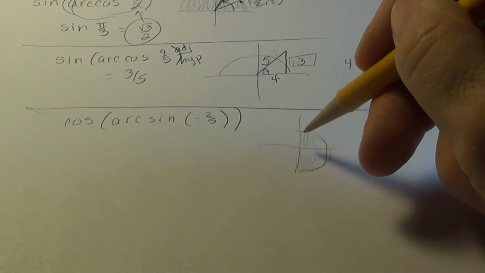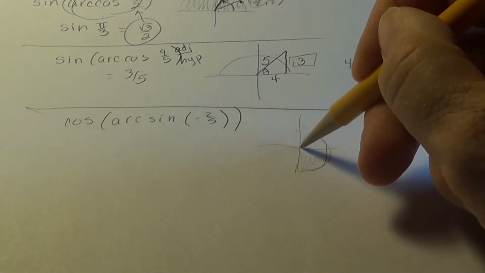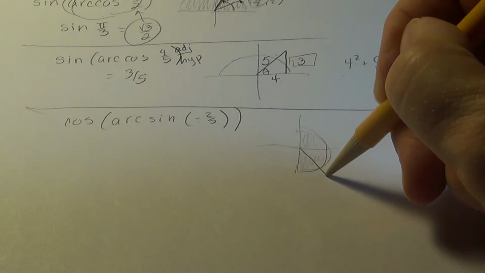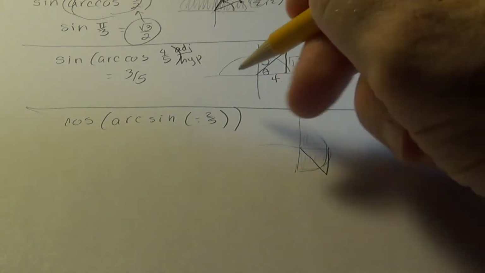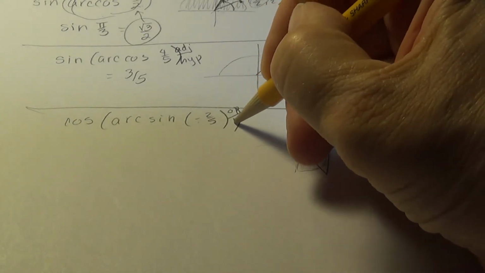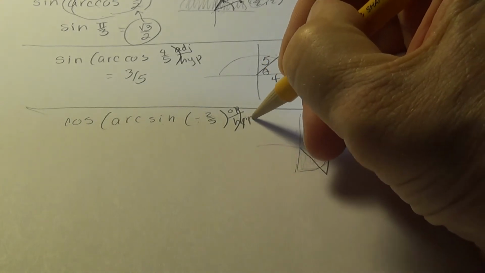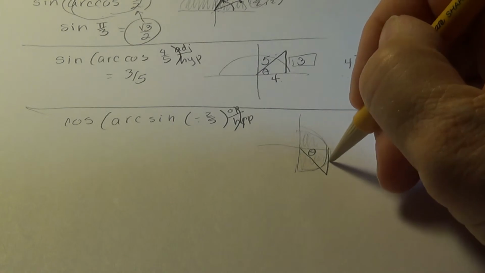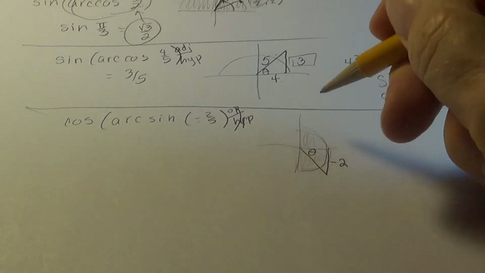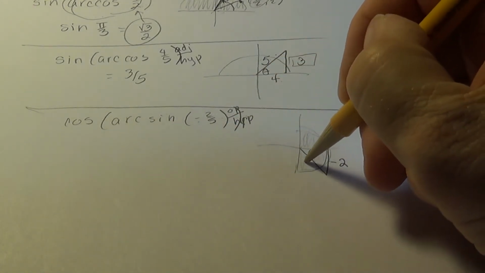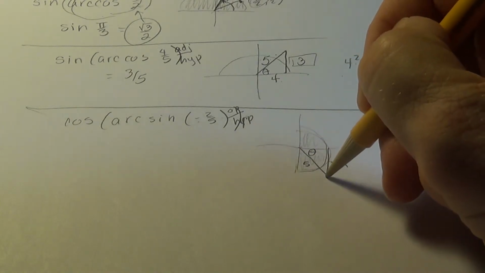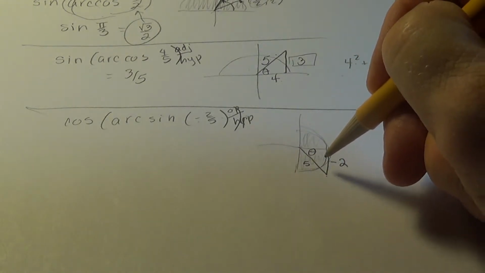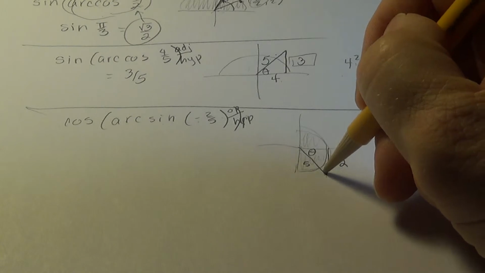I'll draw a triangle down here, and it's opposite over hypotenuse. The side opposite is -2. My hypotenuse is 5. Hypotenuse is always positive, no matter what quadrant. It's just thought of as a distance from 0.